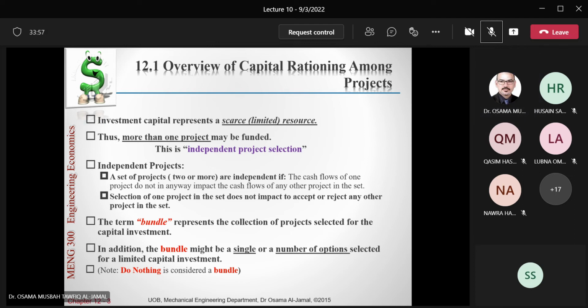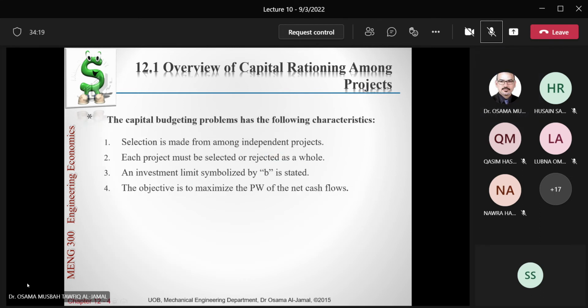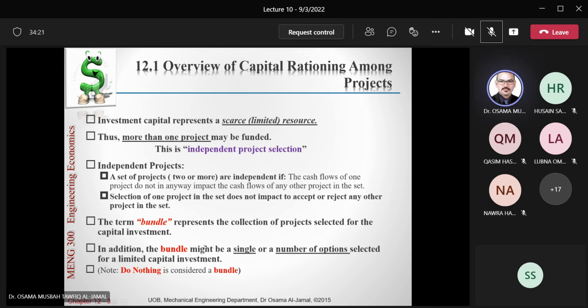No, it's beyond this course. The selection of one project in the set does not impact accepting or rejecting any other project in the set. You won't say that if you select project A, you cannot go for project C. You don't have to do that.